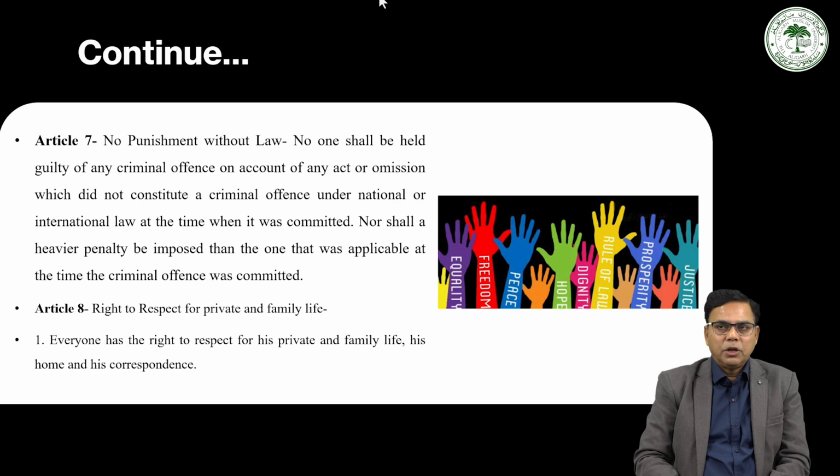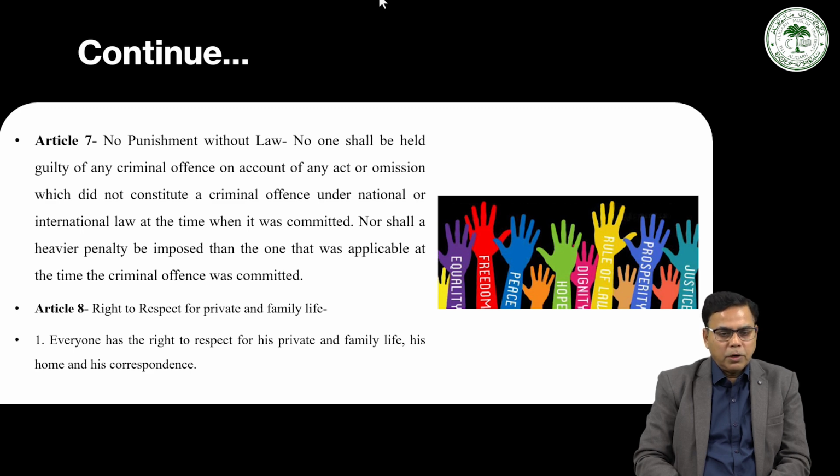It means that the prevailing law will be operating when a person is being tried for any kind of crime. So it means a new law, if that is framed, and the person had committed a crime when the old law was existing, so the person cannot be tried according to the new law. So that is important.